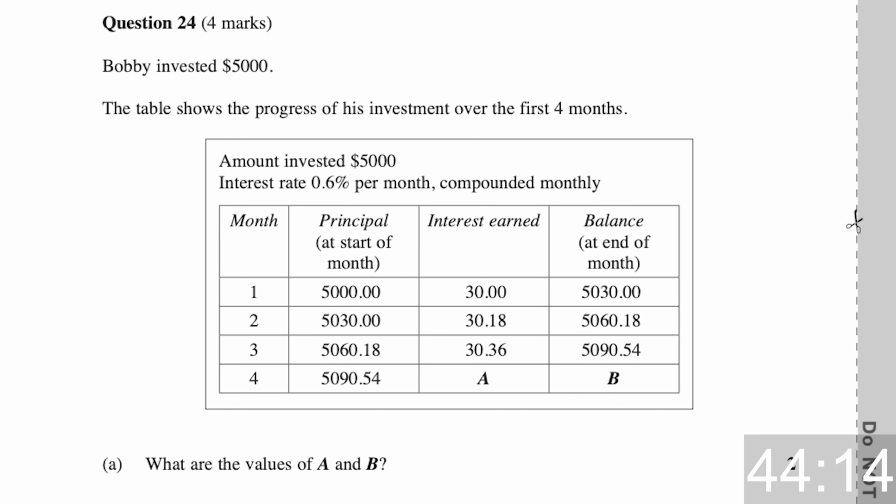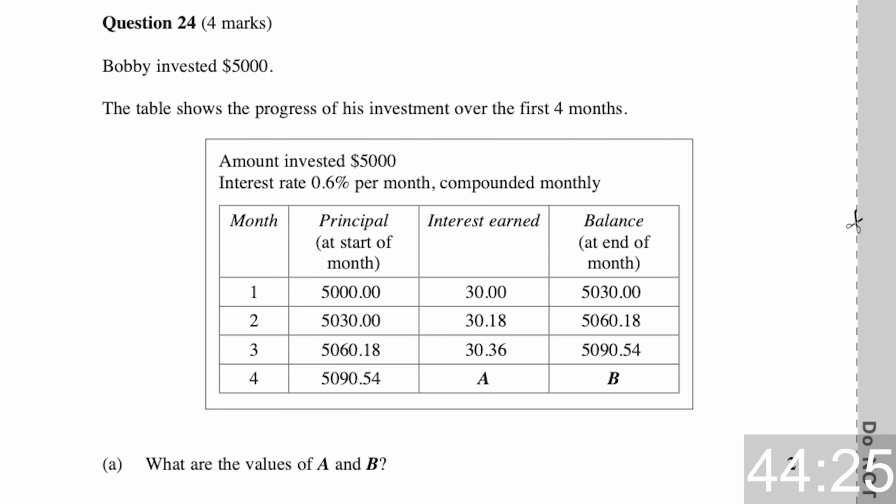Question 24. What is next? All kinds going on here. We've got wages, we've got saving money by changing our car. Now we're doing investments again. All right. Bobby invested 5,000. It shows the progress of his investments over the first 4 months. What are the values? Okay. So he's compounding his interest.